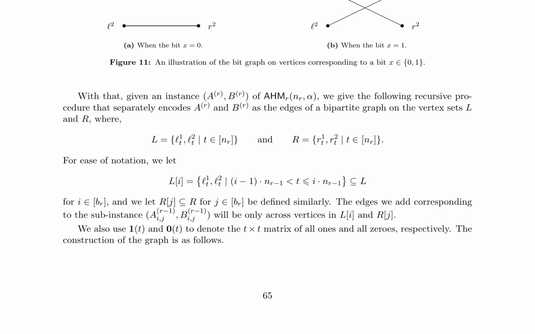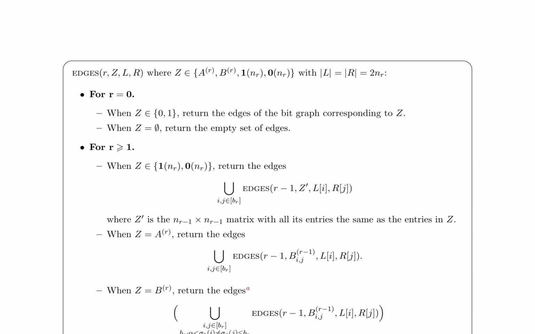When z equals A_r, return the edges (i, j) element of [b^r], edges_{r-1}(B_{r-1}^{i,j}, L_i, R_j).